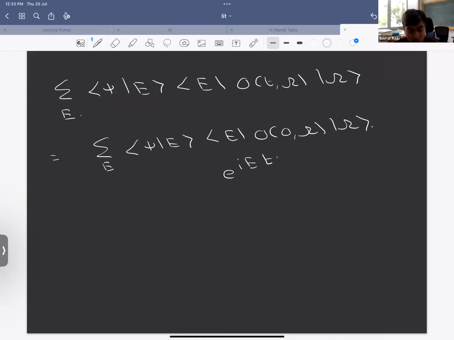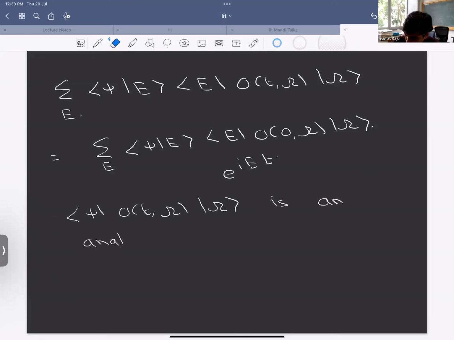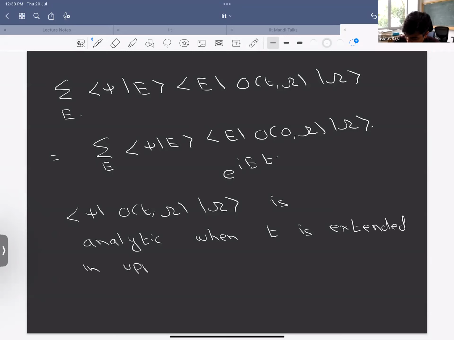Okay. By looking at this, you see that this matrix element is analytic when t is extended in the upper half plane. And the reason for that is that this E only runs over energies which are bounded below, which is a property that we expect to hold in any good, well-defined theory.